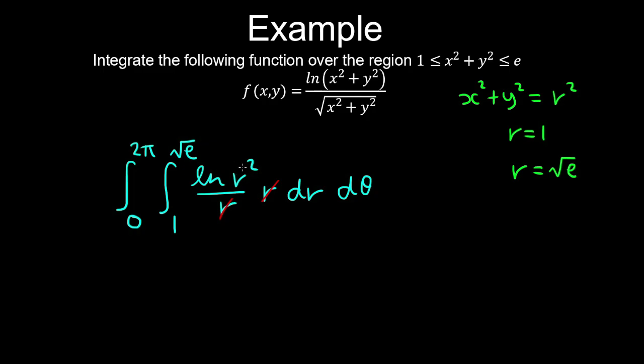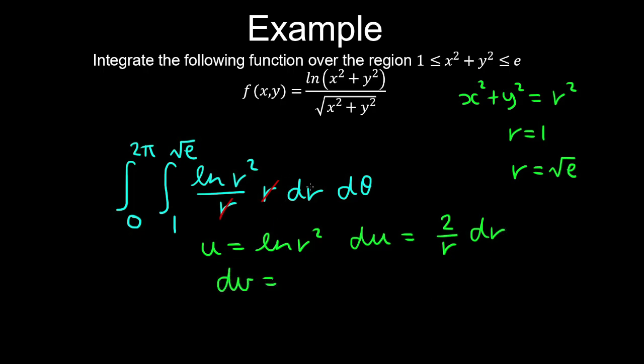So if we integrate by parts, we let u is equal to the natural log of r squared. So du is equal to 2r on r squared by the chain rule dr. And dv is equal to dr. So v is equal to r.